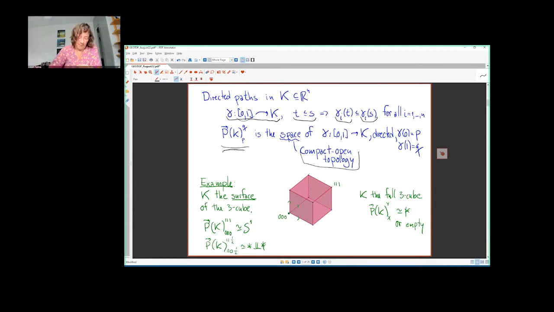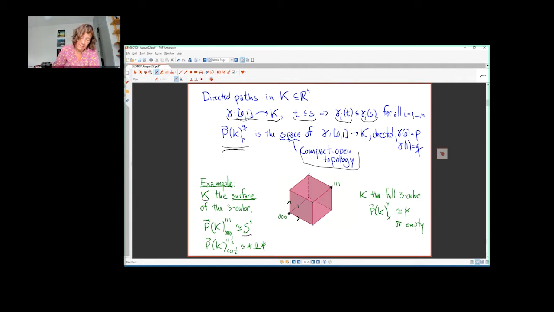So here's an example. If my Euclidean cubical complex is the surface of the 3-cube, then the path space from here to here, where I put arrows to indicate the directions of the axes, is homotopy equivalent to an S1.